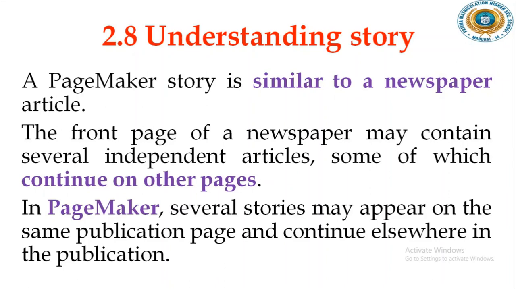In the same newspaper style, we can also create a continuation story in PageMaker. The front page of the newspaper may contain several independent articles, some of which continue on other pages. Similarly, several stories may appear on the same publication page and continue elsewhere in the publication. In every newspaper, at the top they give page number 3, page number 4, page number 6 in small window-like boxes.